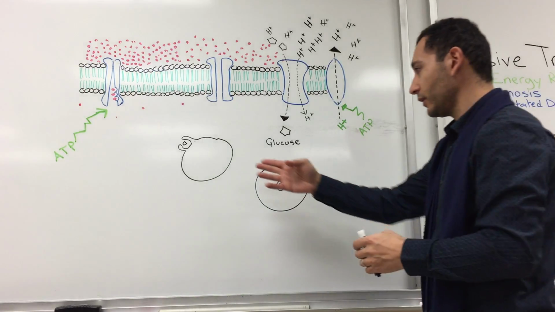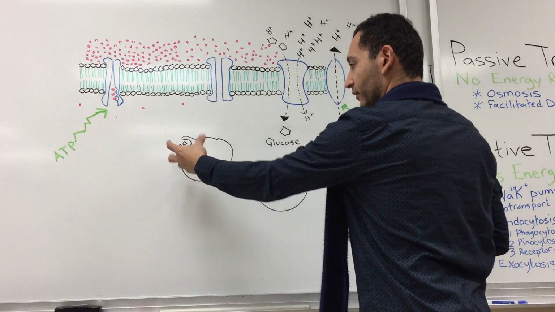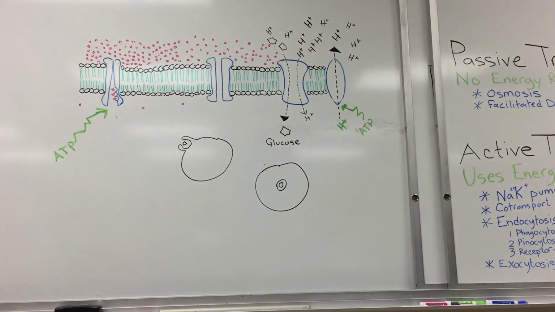Pinocytosis works the same way, except instead of being some large molecule, it's drinking of some kind of solution. Molecules dissolved in droplets are taken up when extracellular fluid is gulped into tiny vesicles.